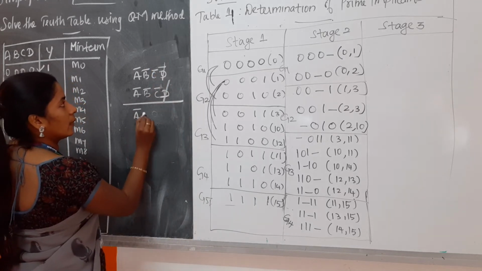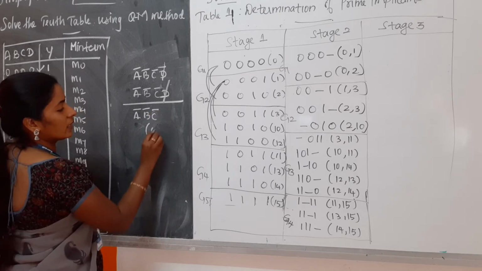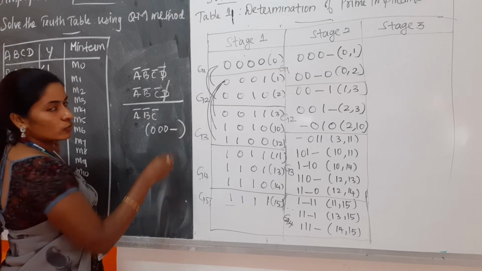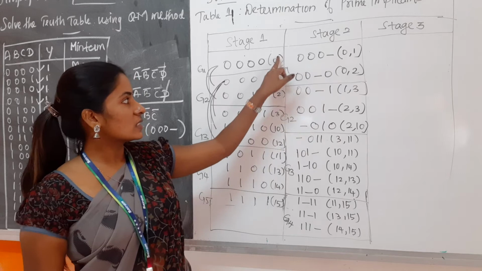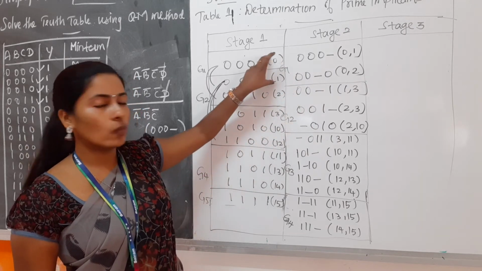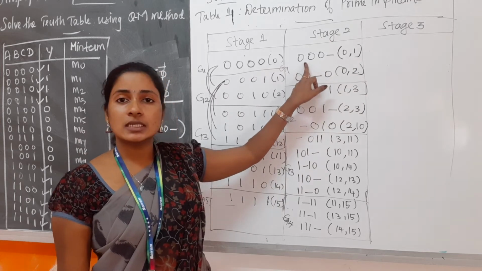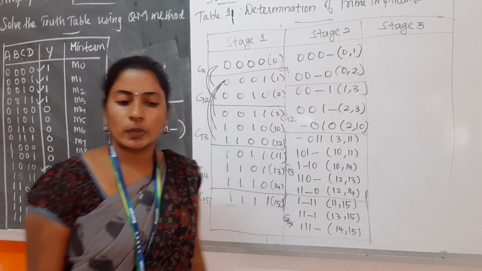I will get A bar, B bar, C bar. This is nothing but 0 0 0 dash. Dash means there is no data. That's what I got here: 0 and 1 combined give 0,1, and the result is A bar, B bar, C bar, with no D.